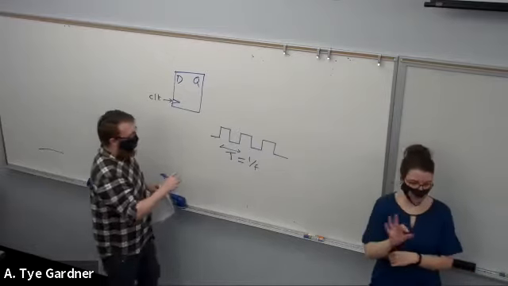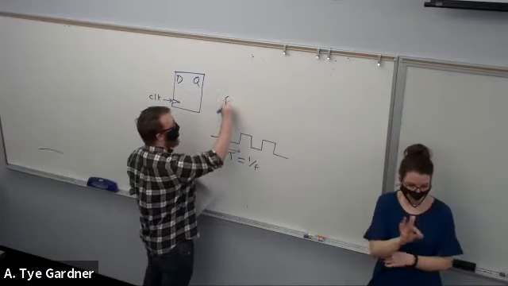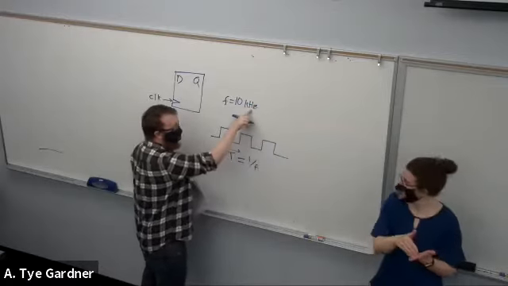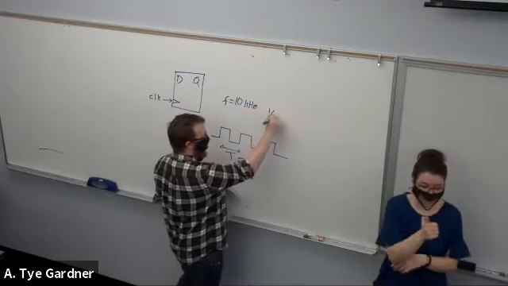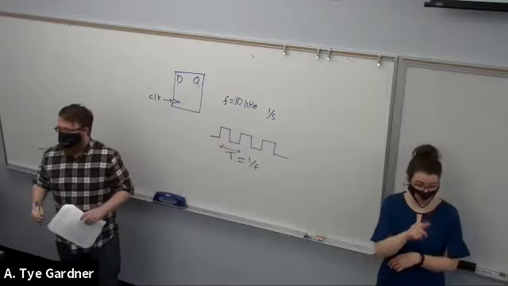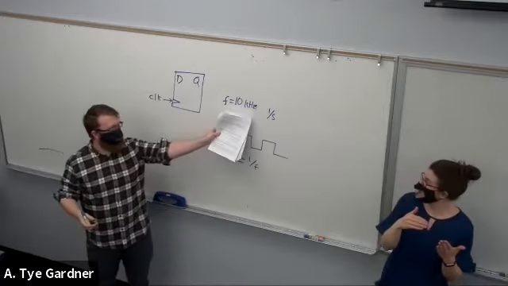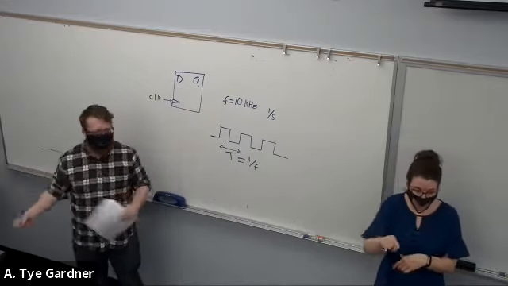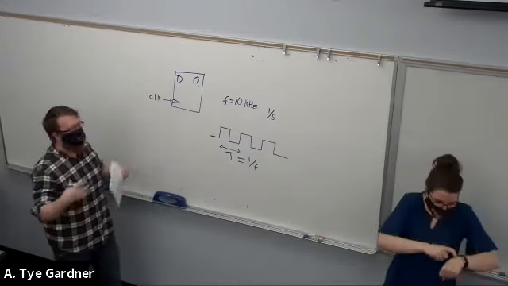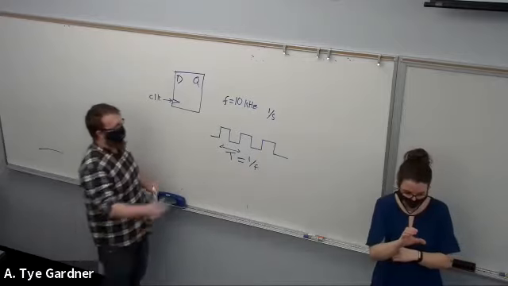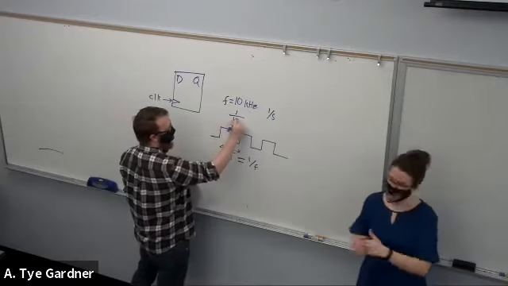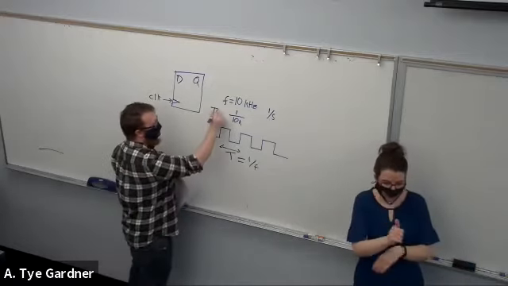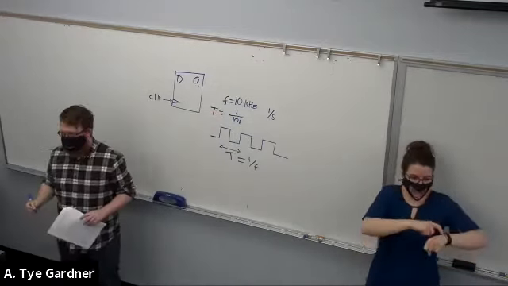So if I have a frequency of 10 kilohertz, hertz has a unit of once per second, so hertz is just saying per second. 10 kilohertz is saying this clock is going to go 10,000 times per second. So what is the amount of time between rising edges? Well, it's 1 divided by 10,000. That is the period, or the amount of time.